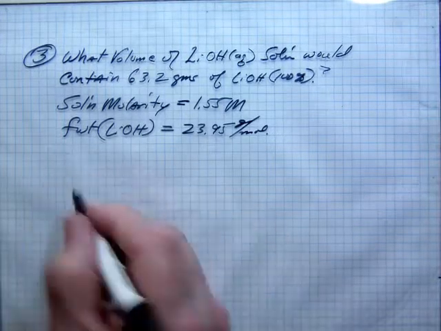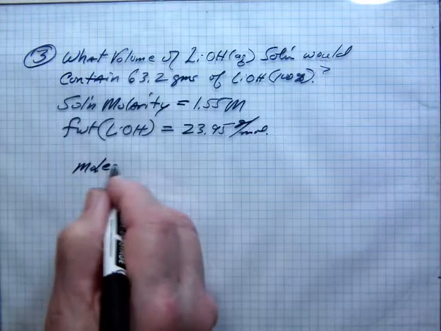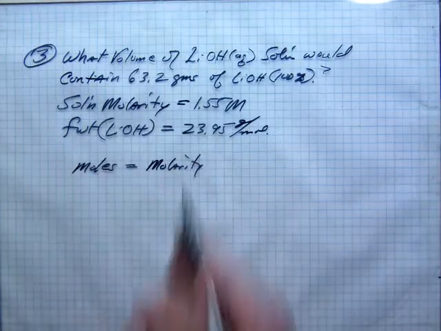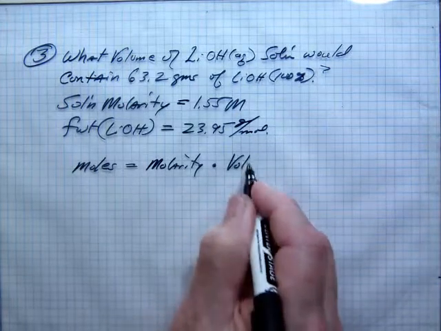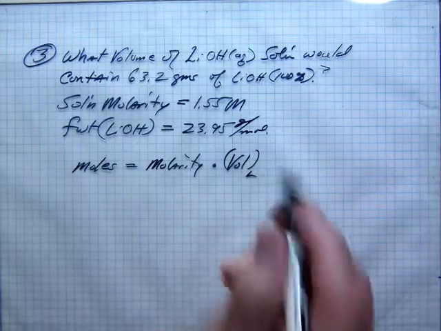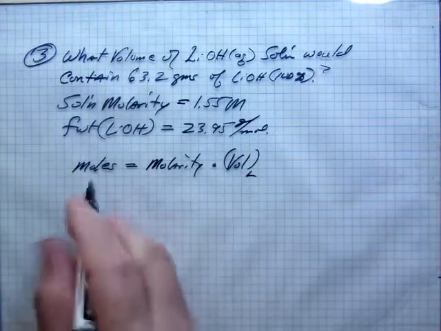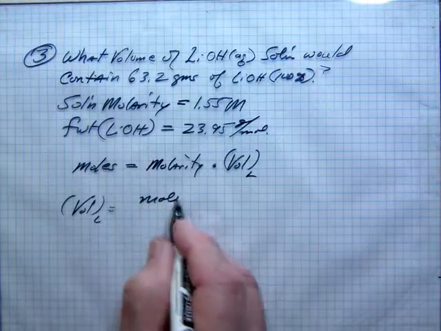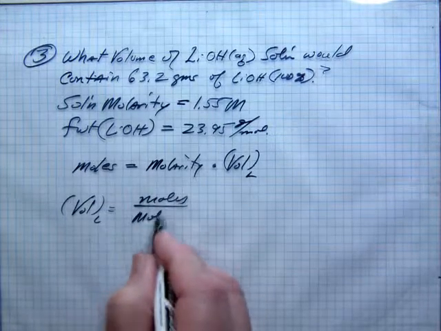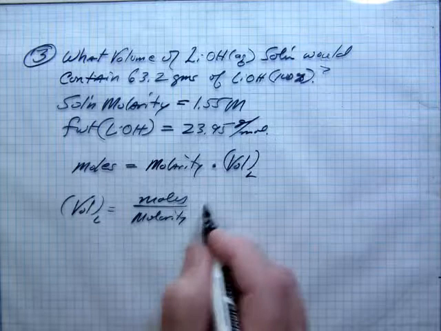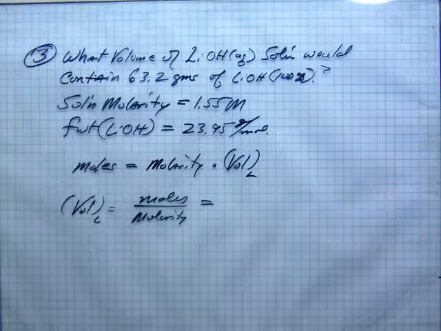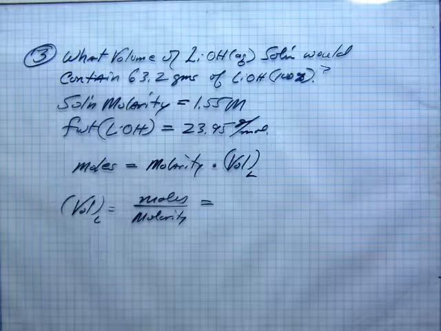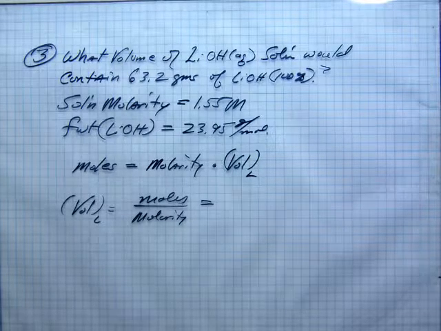Well, from moles equals molarity times volume, of course expressed in liters, we can solve for volume in liters and get moles over molarity. So that would be the moles of lithium hydroxide divided by the molarity of the system.